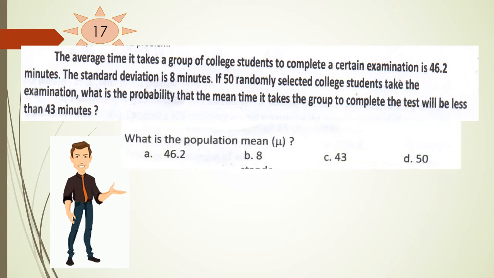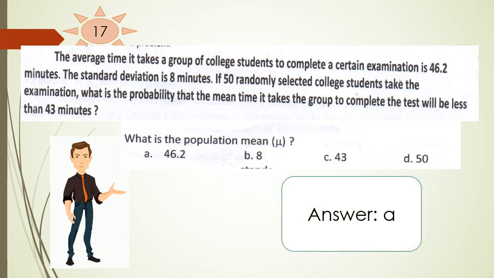What is the population mean mu? A. 46.2, B. 8, C. 43, or letter D. 50? And the answer is letter A. 46.2.